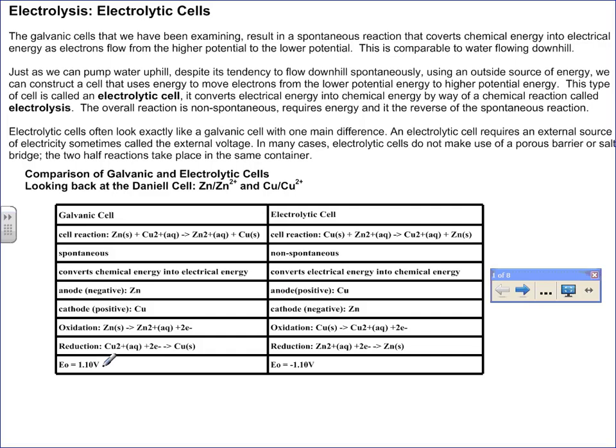That's the cell potential, the difference in reduction potential of the two half cells. While in an electrolytic cell, we've got negative 1.10 volts, and this is the amount of external voltage that's required in order to force the electrons to move in their unnatural direction.